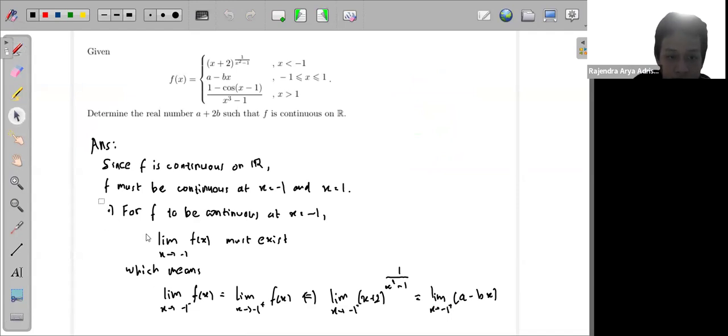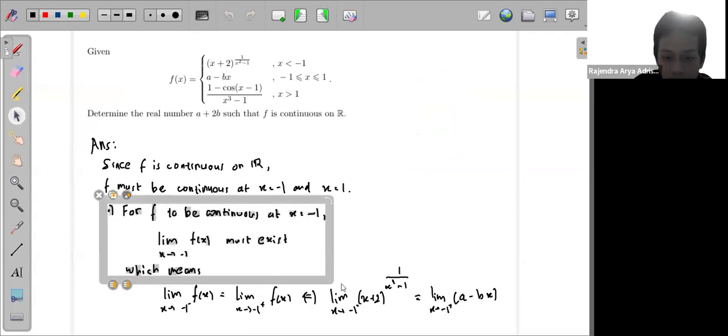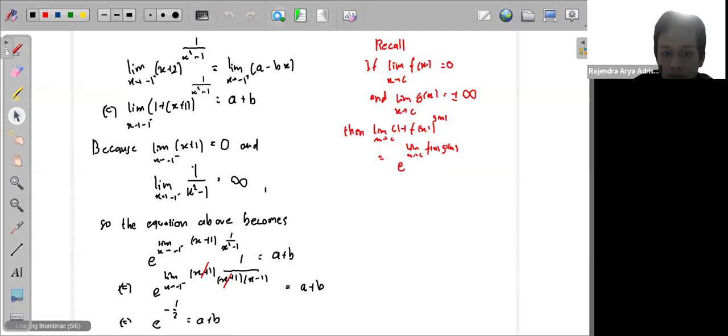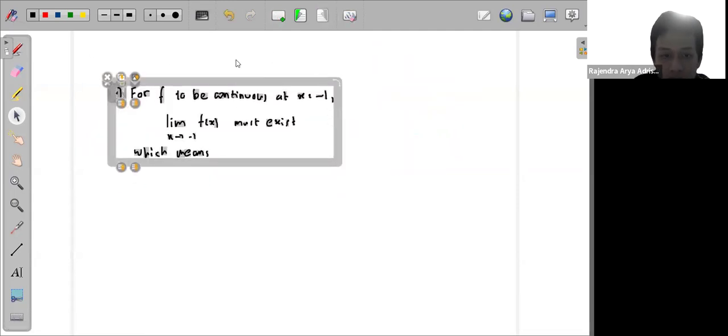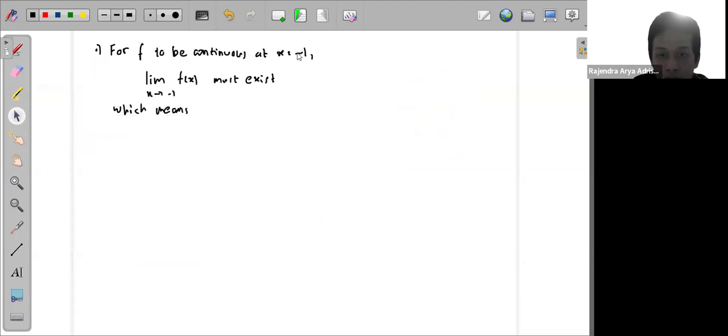So I'll just copy this. Our next case is for when x equals 1, right? So for f to be continuous at x equals 1, the limit of f when x approaches 1 must exist, same as the previous case, okay?